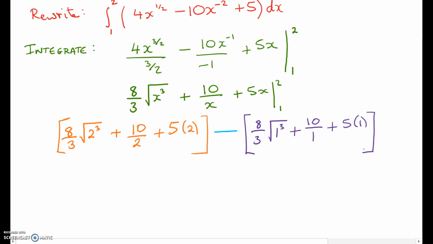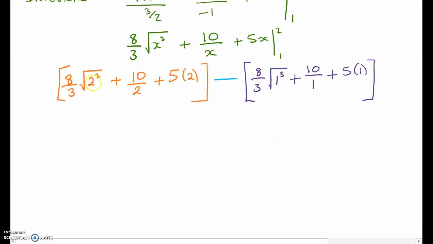Okay, so let's break this down. We'll just go to one color of pen from here on in. Again, so 2 cubed is 8, so it's the square root of 8. That's 8 root 8 over 3. We could simplify root 8, make it 2 root 2, but there's no need to do that quite yet.